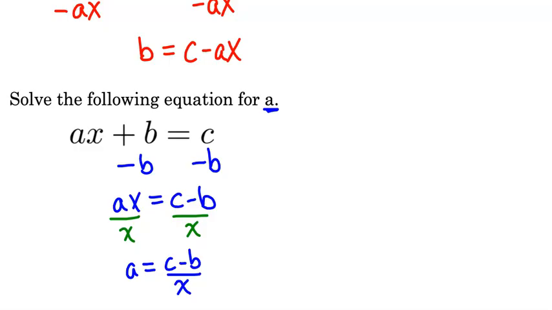Also important to point out, we did not solve for x in either of these examples. Oftentimes, our go-to in algebra is to solve for x, so just pay attention and read questions carefully, maybe underline the variable that they're asking us to solve for so that we don't make that mistake.